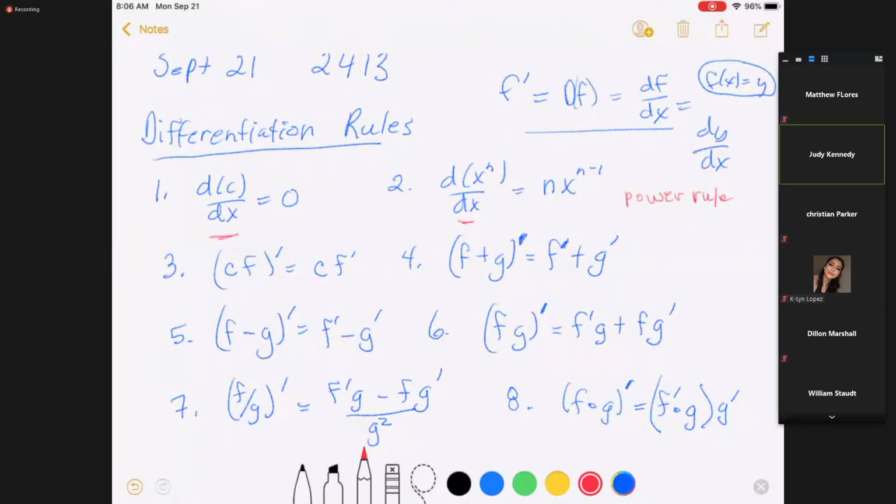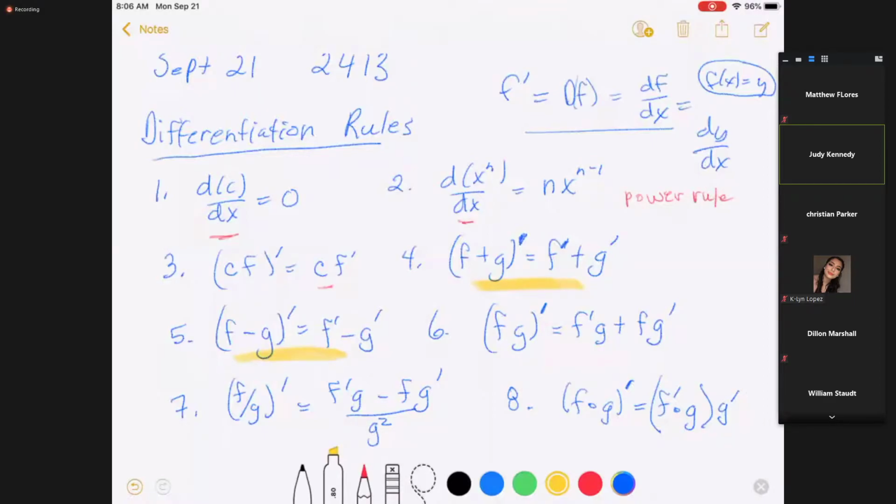If you have a constant times a function, the derivative of that is the constant times the derivative of the function. That's number 3. Number 4, if you have the sum of two functions, the derivative of that sum is the sum of the derivatives. Likewise for the difference of two functions.